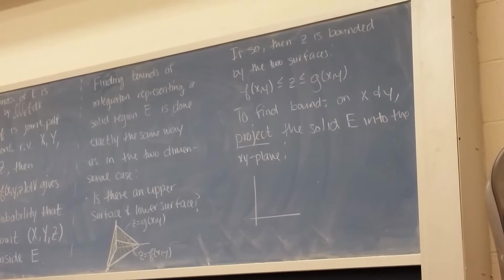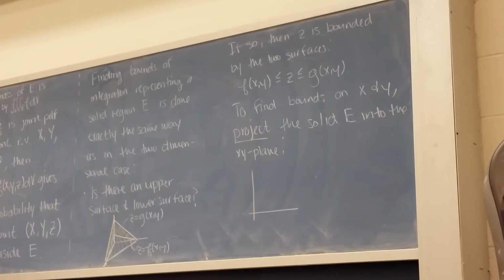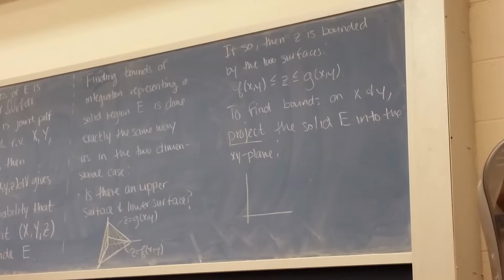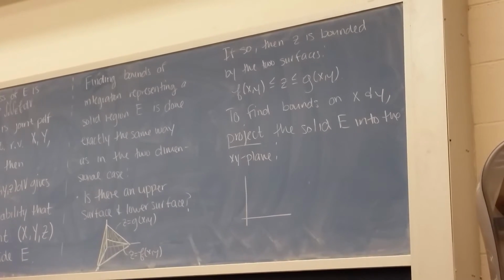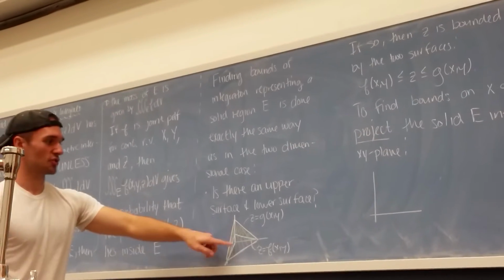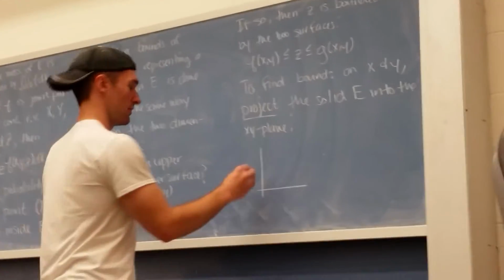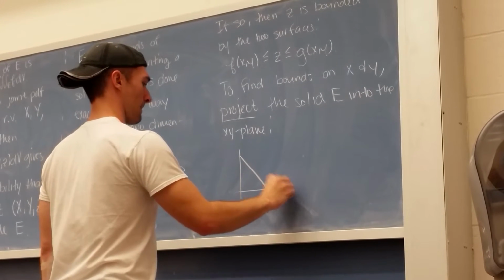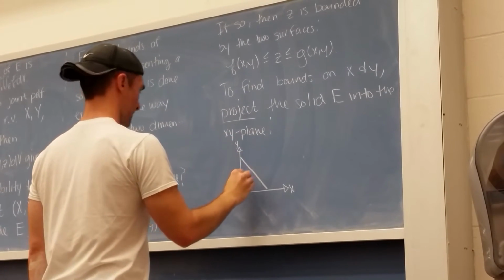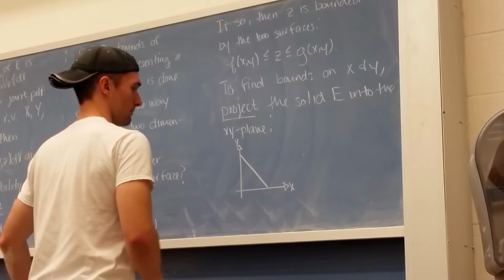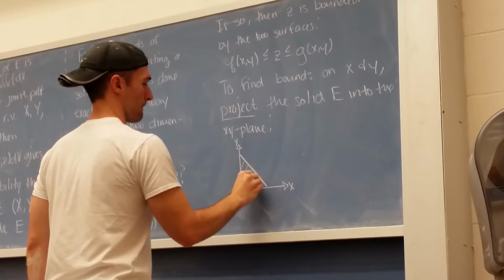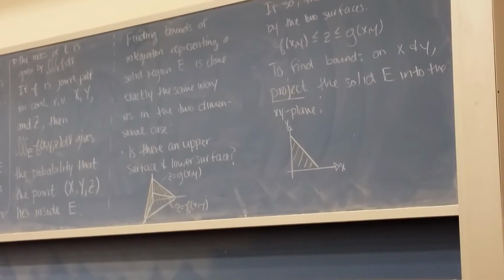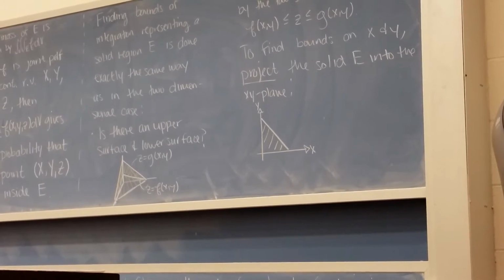Generally it'll be pretty easy to project into the xy plane because your solid will be like a cylinder, which when you smash it down becomes a solid disk, or it'll be something like a tent, which when you smash it down just becomes whatever its shadow is, which is a triangle in this case. And we already talked about how to find bounds when you're in two spaces, so we won't worry about that.